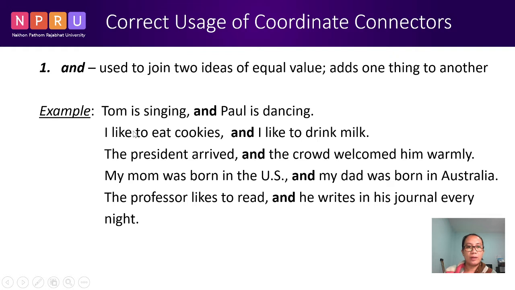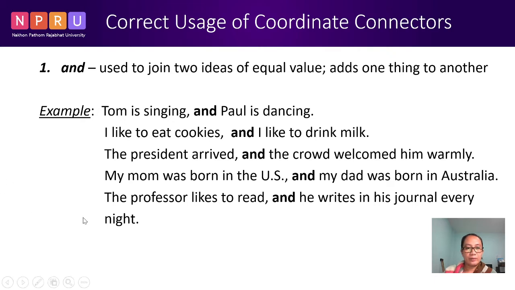Example: Tom is singing, and Paul is dancing. Second example: I like to eat cookies, and I like to drink milk. Third example: the president arrived, and the crowd welcomed him warmly. Number 4: my mom was born in the US and my dad was born in Australia.